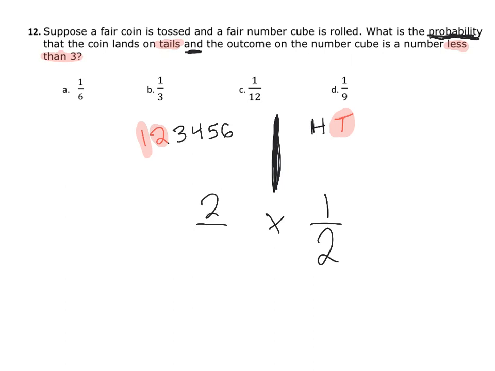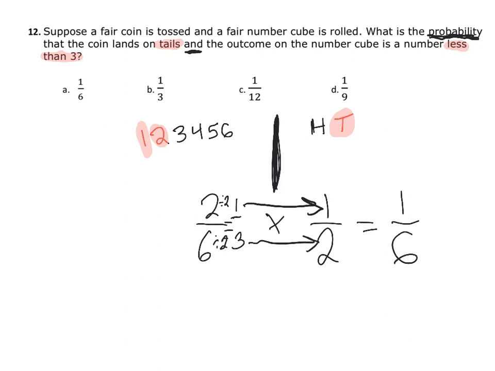So that is 2 out of the 6. Now that can be reduced to 1/3 if we divide by 2. So then we multiply. 1 times 1 equals 1. 3 times 2 equals 6 to get 1/6.